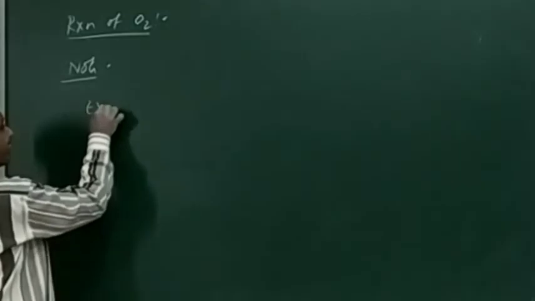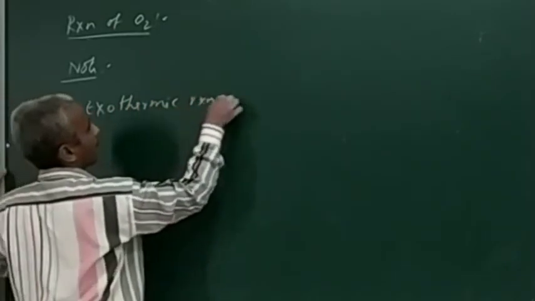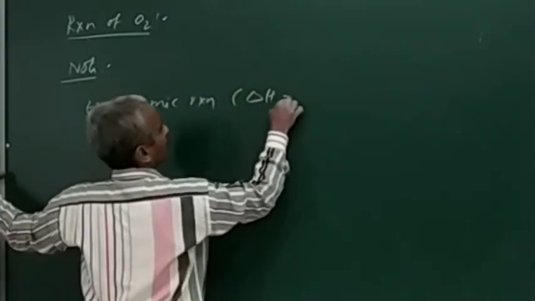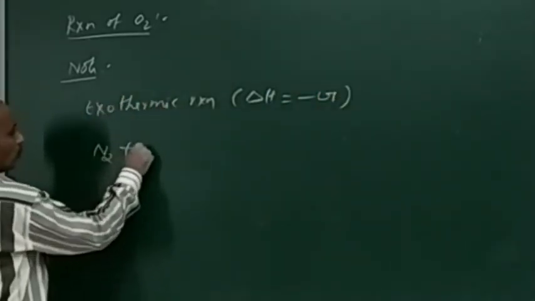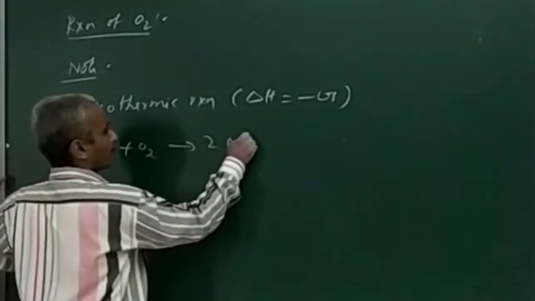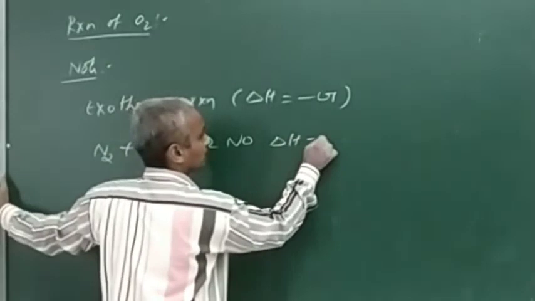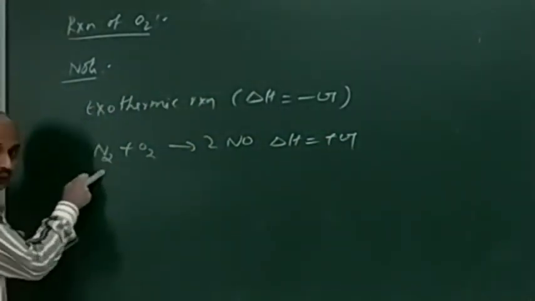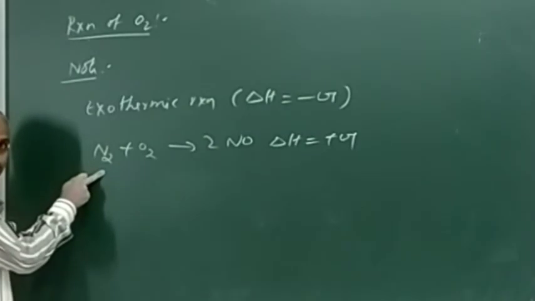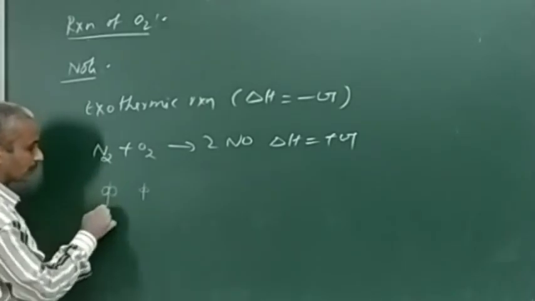It's a combustion process, so usually an exothermic reaction, and delta H will be negative. But N2 plus O2 giving 2NO, even though it is a combustion process, has positive delta H, because the nitrogen bond should be broken and the oxygen bond should be broken.